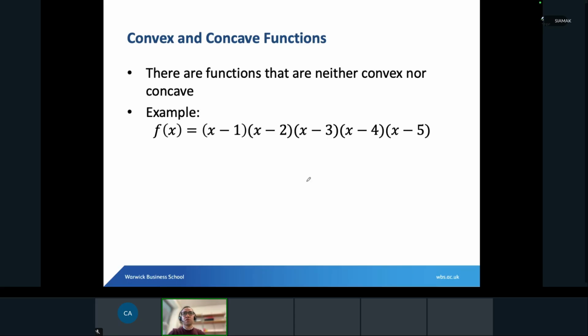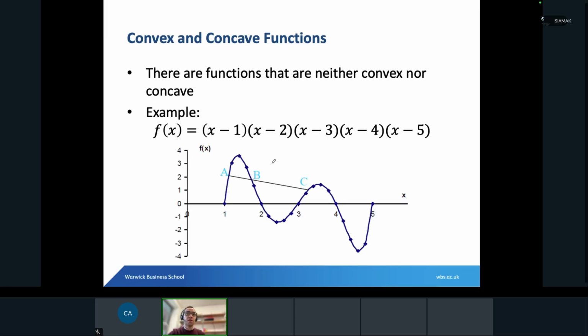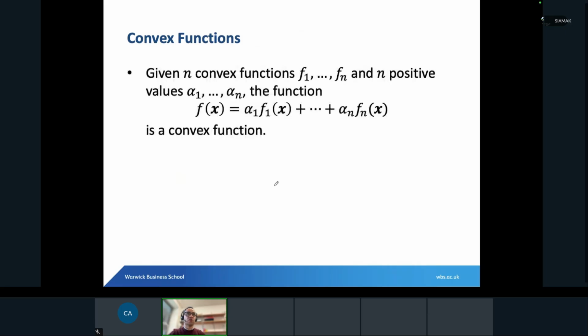I showed you that one. You can use online tools to draw this one, and this is what you will get. This is very similar to the one I asked you about a few minutes ago. You can see that at some points the line is below the function, and at some points it is above the function. So this is neither convex nor concave.